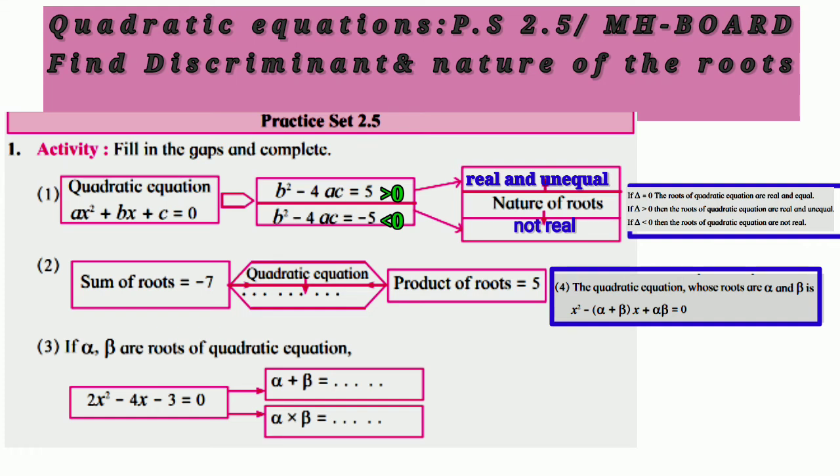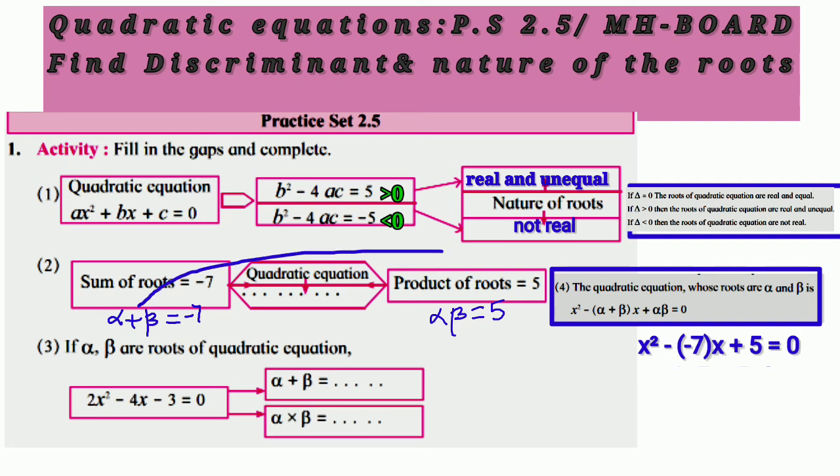Here we are given the sum of roots minus 7, that is alpha plus beta is minus 7, and alpha into beta, or product of roots, is 5. So our equation will be x square minus (minus 7)x plus 5 equals 0, which will be x square plus 7x plus 5 equals 0.